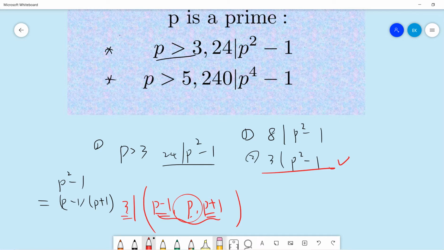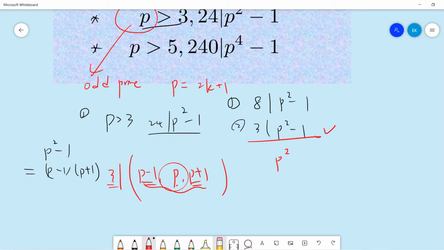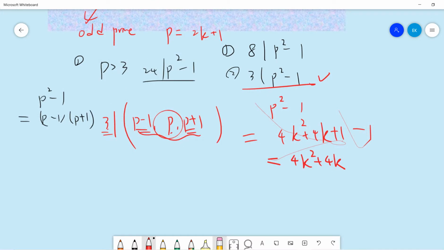So now we only need to prove that P squared minus 1 is divisible by 8. And this is very easy, since P is an odd prime. So I can say P is 2k plus 1. Then P squared minus 1 is 4k squared plus 4k plus 1 minus 1, so it's 4k times k plus 1.